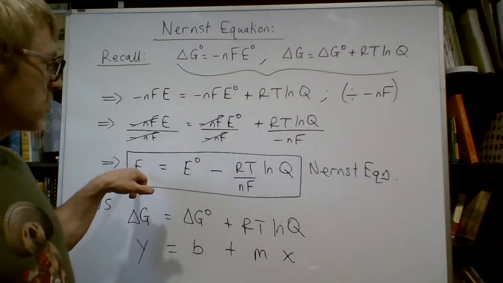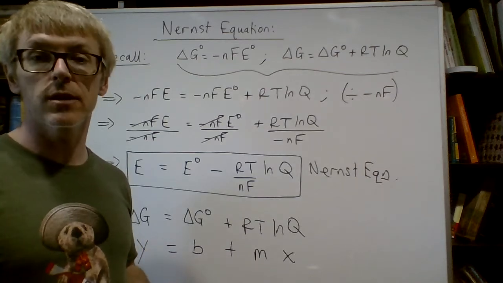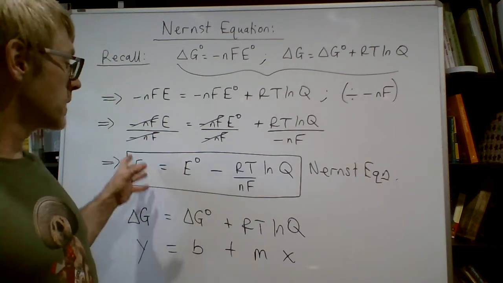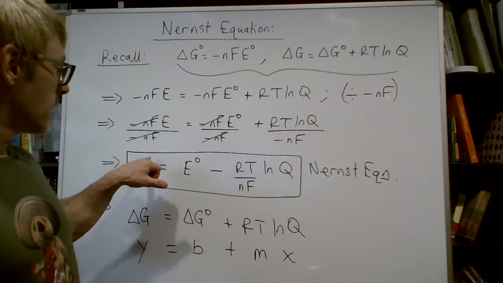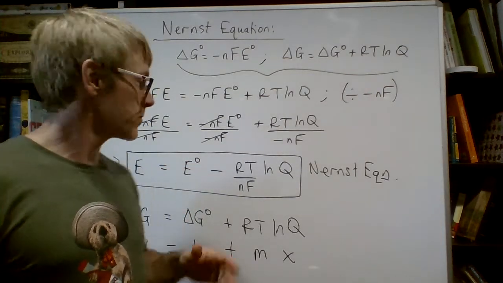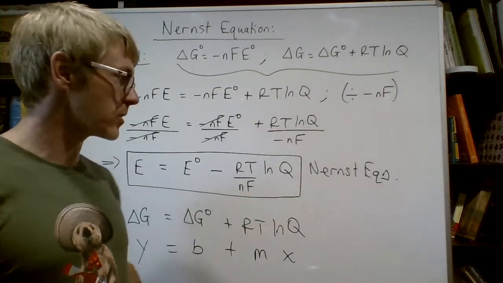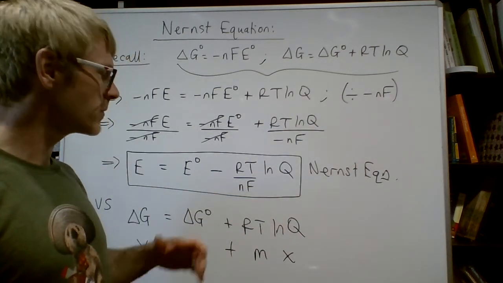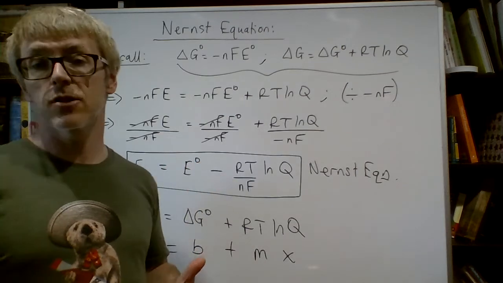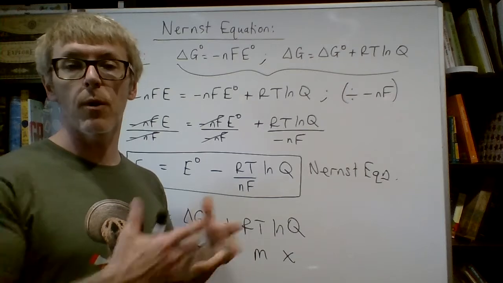Well, as you can see, you would use the Nernst equation if you're trying to calculate non-standard voltage. So clearly, standard conditions assumes 25 degrees Celsius. Non-standard conditions would assume something other than 25 degrees Celsius. It could also be concentration changes. Standard conditions assumes 1 molar solutions.